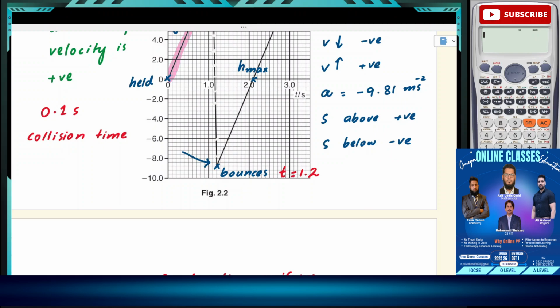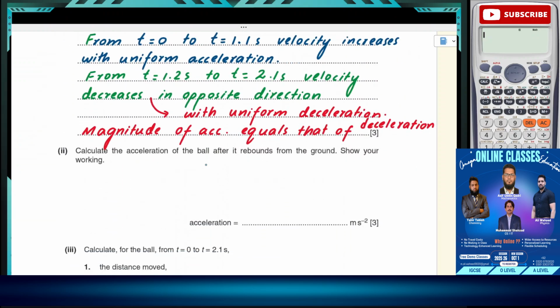So I need to find acceleration after this.